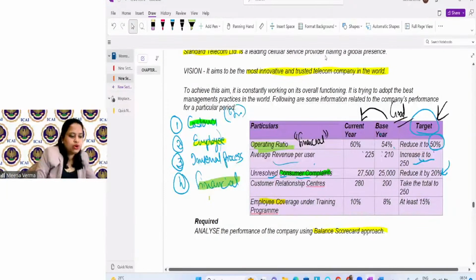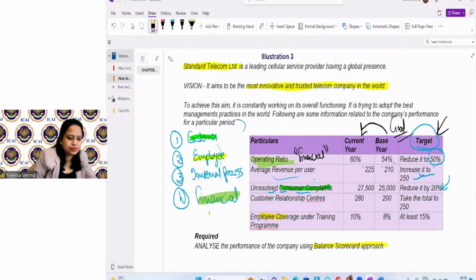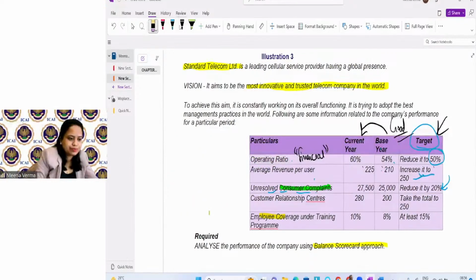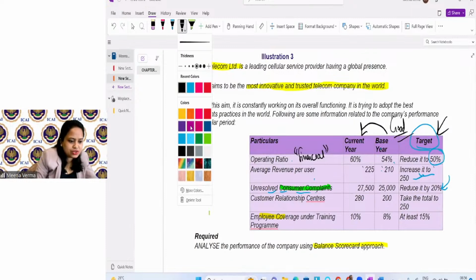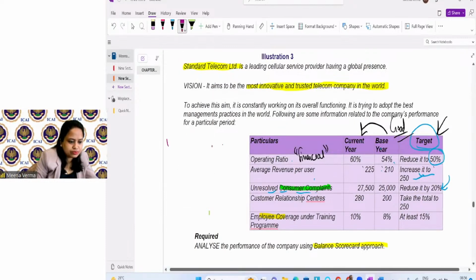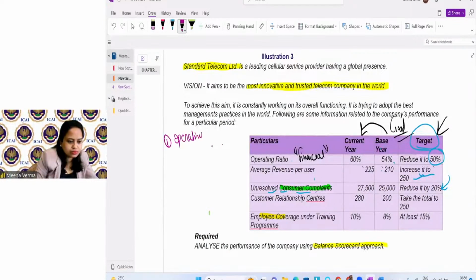Okay. So, if you see here, I'm writing the formula for operating ratio first. This is what?